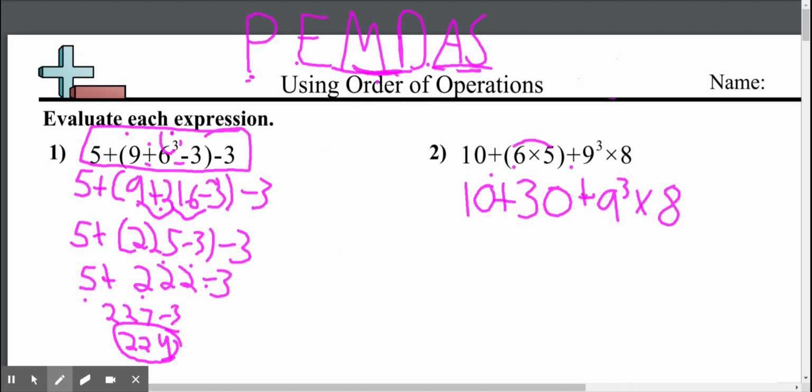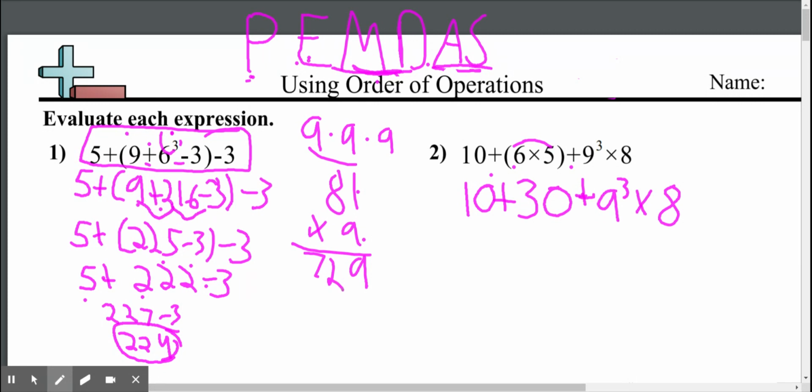Okay, now the next part here, I need to worry about my exponent. 9 to the third, well, that's just saying 9 times 9 times 9. 9 times 9 gives me 81. 81 times 9, well, that's 729. Once again, I got to bring it all down. 10 plus 30 plus 729 times 8.